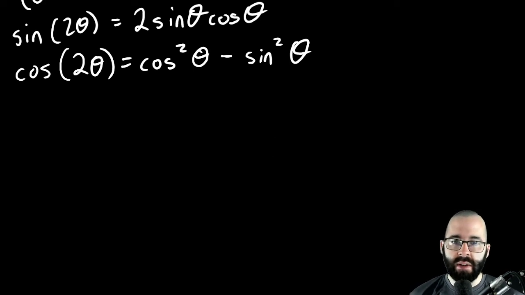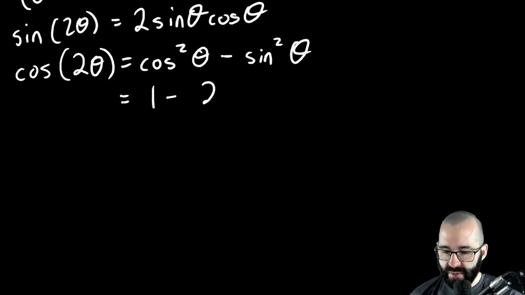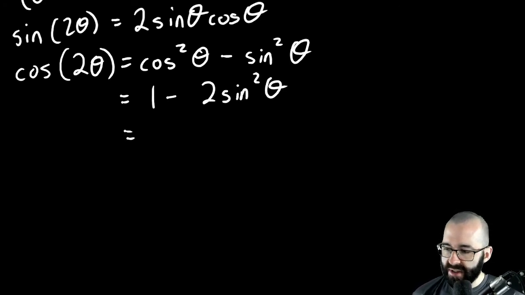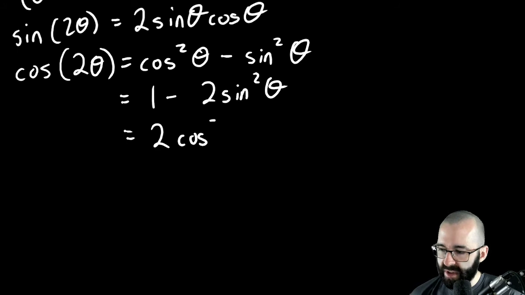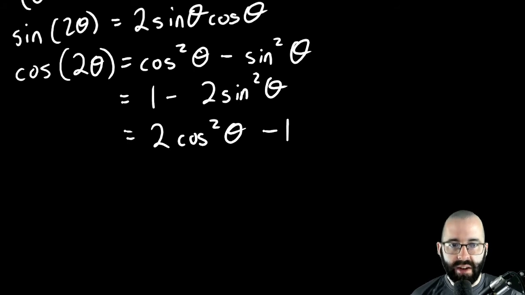Right, sine squared plus cosine squared of any angle is equal to 1. So you can move things around and substitute out the cosine squared and do some simplification. That's going to give you something that looks like this. And you could substitute out the sine squared as well and do some simplification. You could do that on your own. We're not going to take the time here.